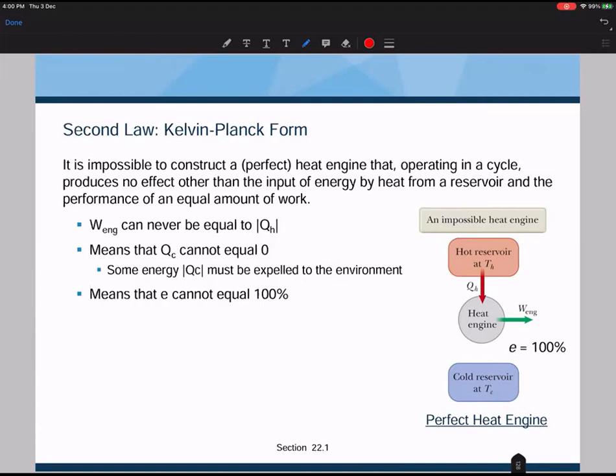There is always a limit on the efficiency, and 100% is definitely the absolute limit in any situation. So this is one form of the second law in the form of a heat engine. It explains the behavior of a heat engine.